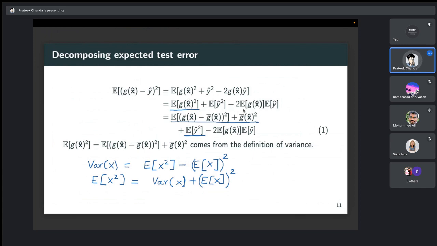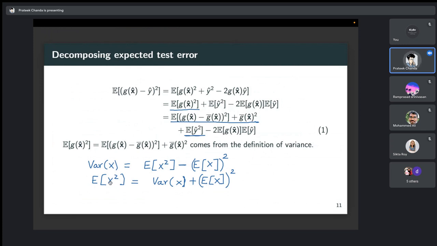And now I pick up this first expression, the expectation of g of x hat whole squared, and I can write it as this, because the variance of x is equal to the expectation of x square minus the expectation of x whole squared. And so the expectation of x square, if I take this to the right hand side, would be basically the variance of x plus the expectation of x whole squared.